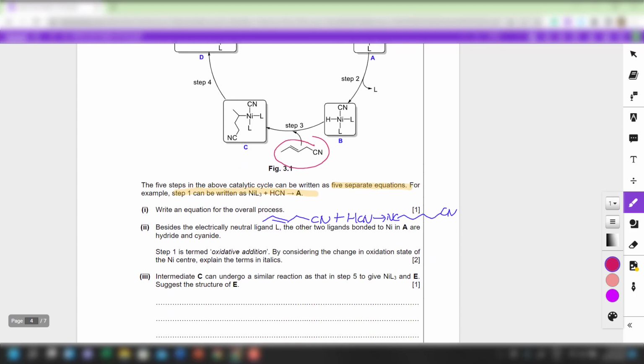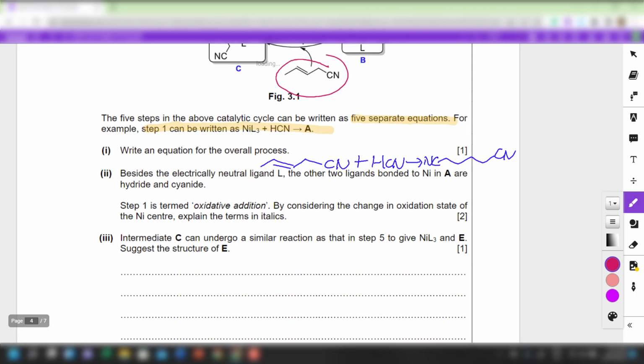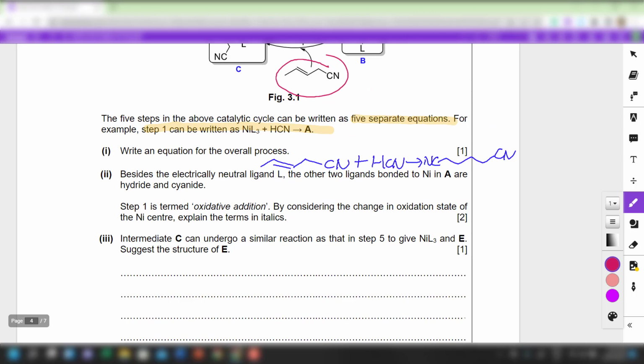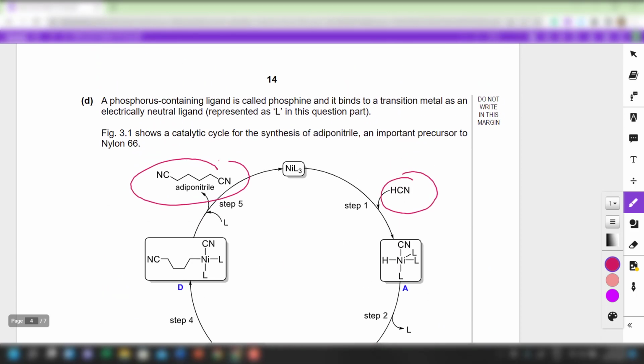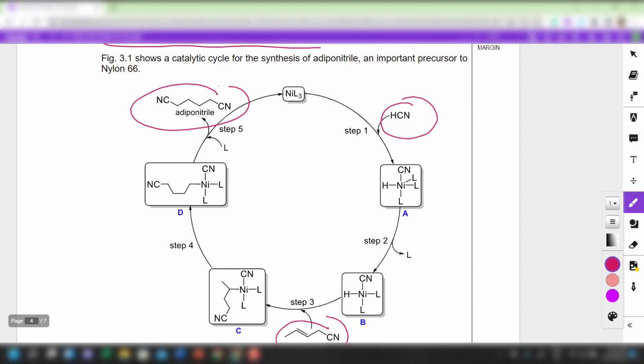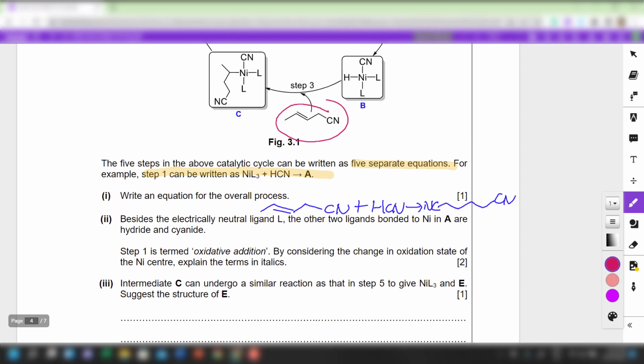Okay, then for part 2, you were already told that L is electrically neutral. That means that the phosphine ligand does not have a charge. So it's a neutral ligand. No charge means neutral, right? Just like CO. And then you were also told about the other two ligands, hydride and cyanide.